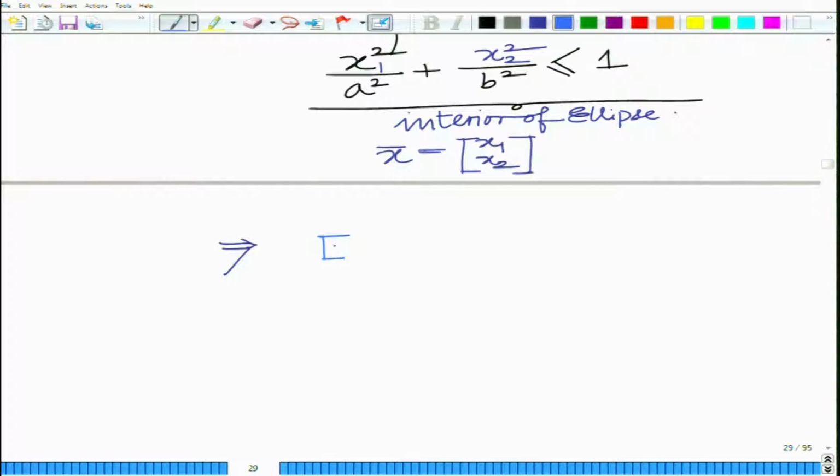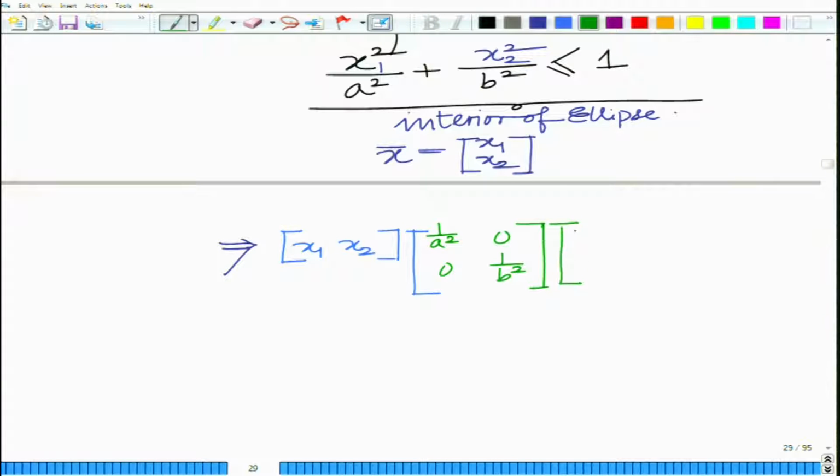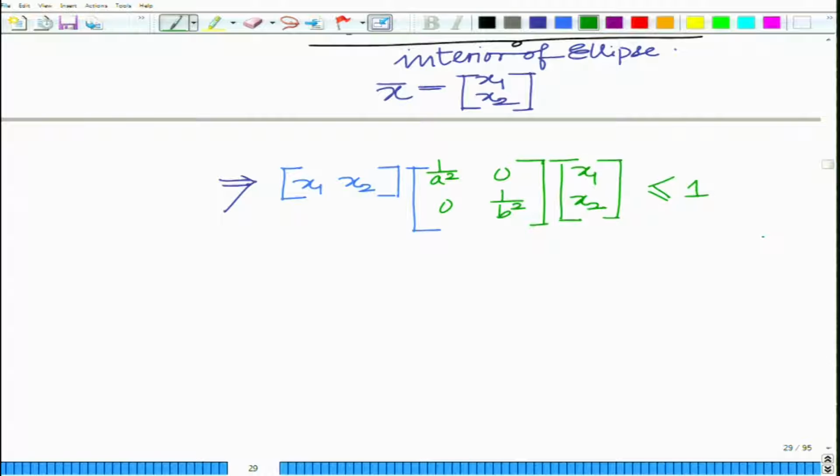So, this will be x1 x2 times 1 over a, 0, 1 over b. In fact, let me just write one more step. I can write this as 1 over a square, 1 over b square times x1 x2 less than or equal to 1, writing this in vector and matrix notation.